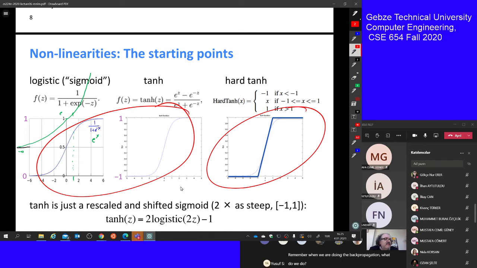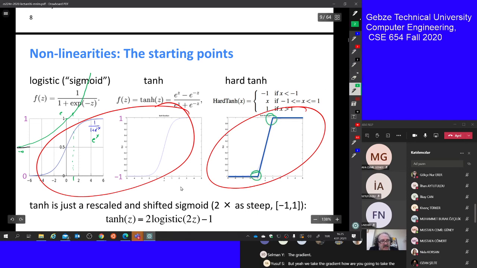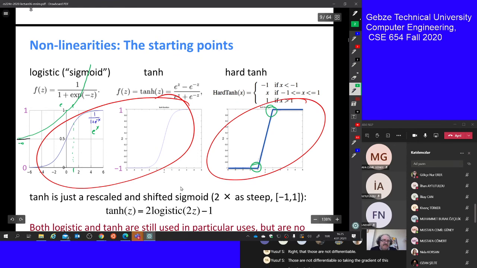We take the gradient. How are you going to take the gradient of this function at these green positions? Those are not differentiable. So taking the gradient of this function is not that healthy, but still we do it.